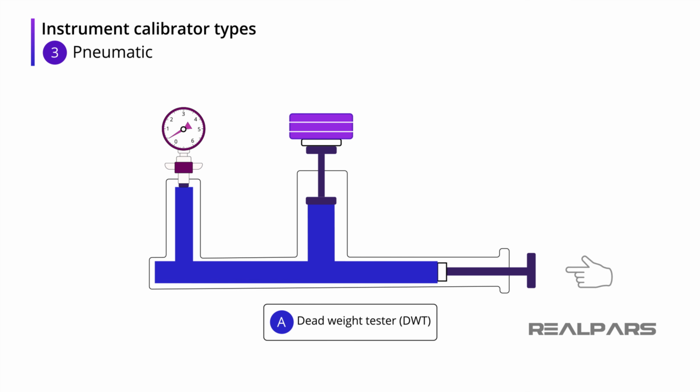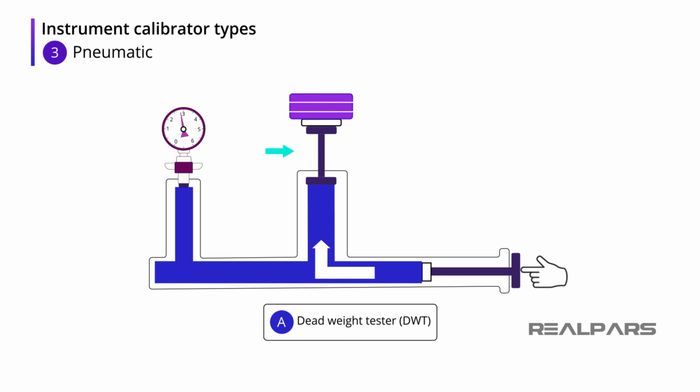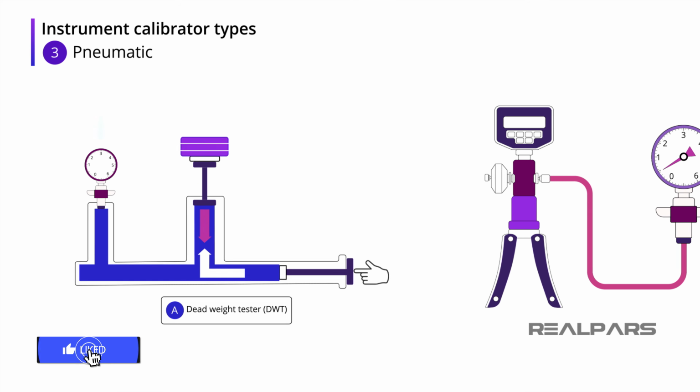A DWT reaches a float condition when the upward force generated by a manual pump is balanced by an equal and opposite downward pressure from the deadweight that sits on top of a piston. When the piston floats, the instrument under test can be calibrated to indicate the pressure stamped on the deadweight.